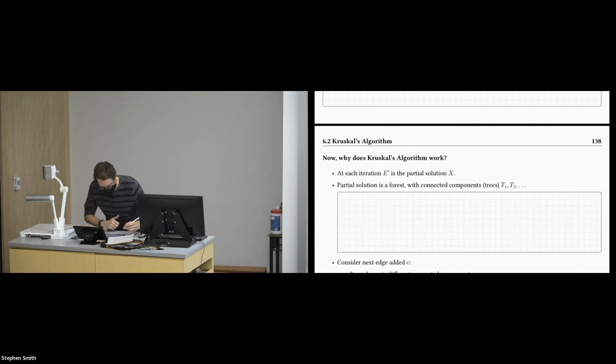It's going to look something like this. If I go back to my standard example, why don't I add another edge, something like this. And let's say our partial solution was, I should draw it with the short edges, this edge and this edge.